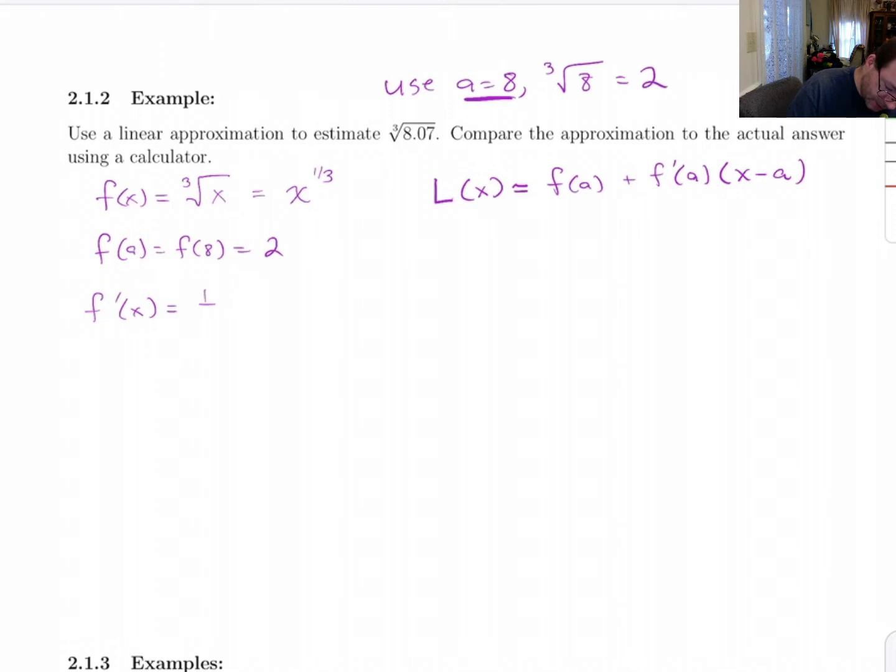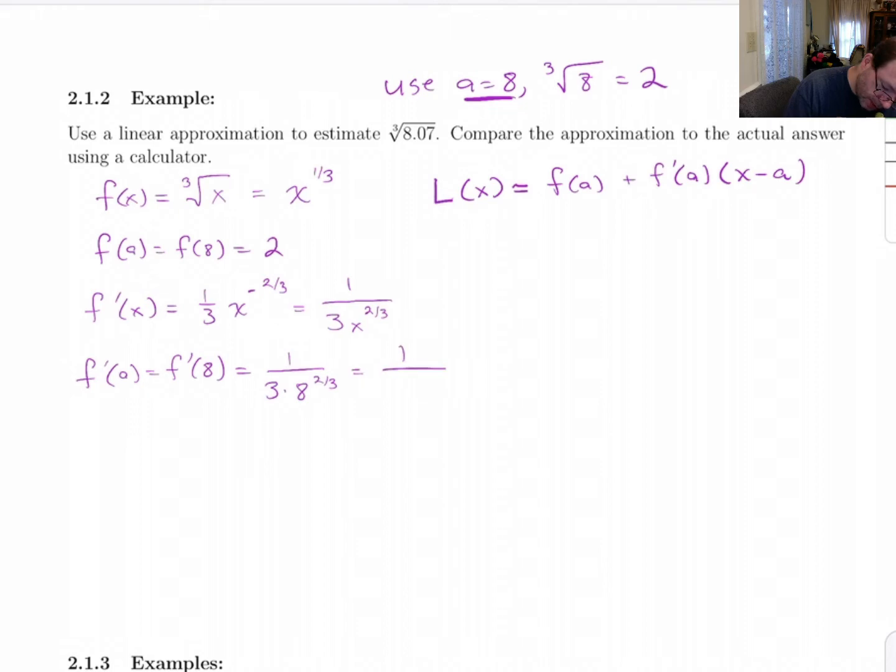f prime of x is 1/3 x to the minus 2/3, or in other words, 1/3 times x to the 2/3 in the denominator. And f prime of a, that's f prime of 8, is 1/3 times 8 to the 2/3.